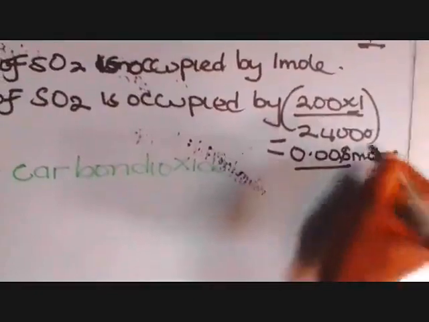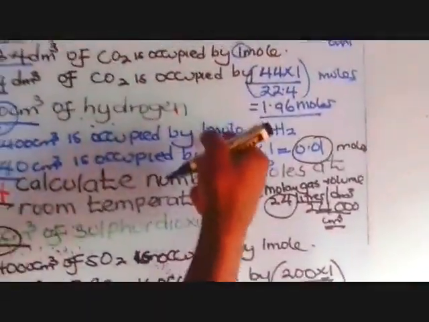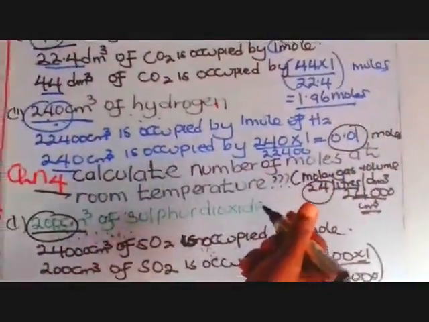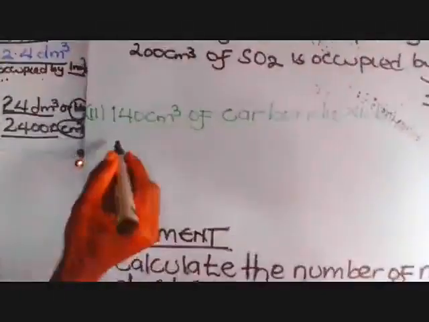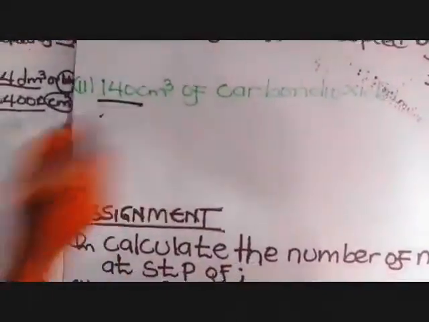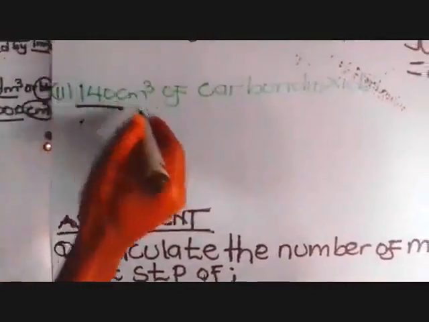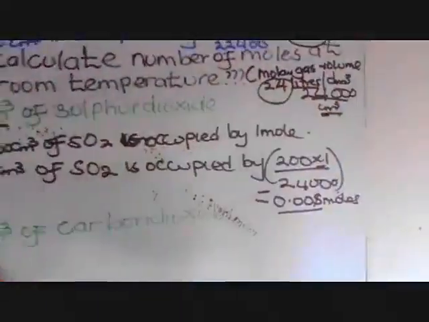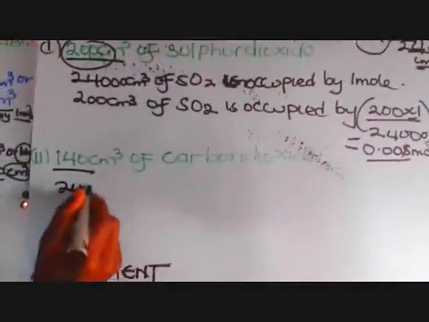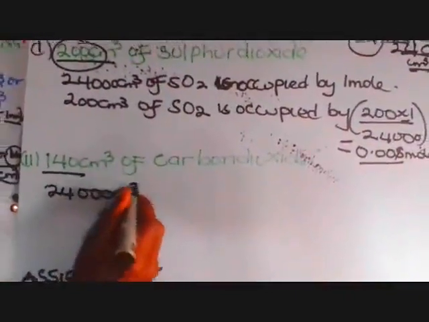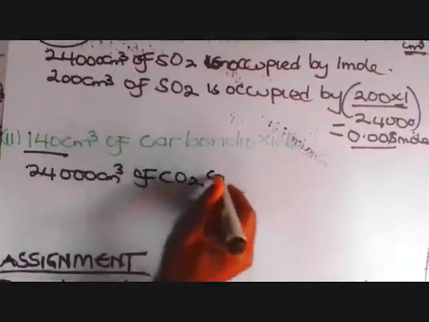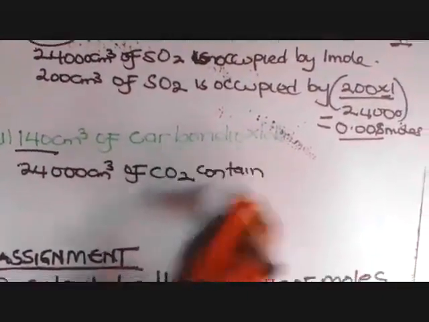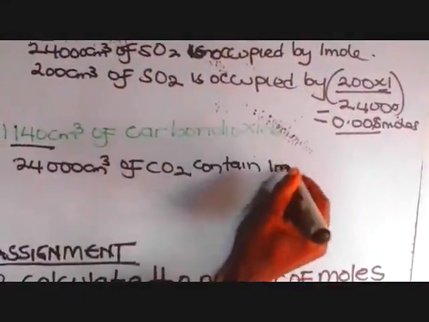Now this method and even this one which we used here, you can also use the formula. So I'm going to show you how you can apply the formula to get the same. Similarly here, you can see they are cubic centimeters. If they are decimeters, we bring this one. But now they are cubic centimeters, so we say 24,000 cubic centimeters of carbon dioxide contain 1 mole.